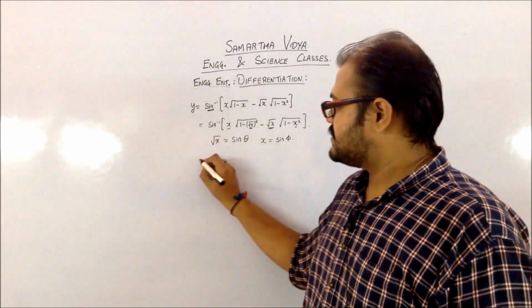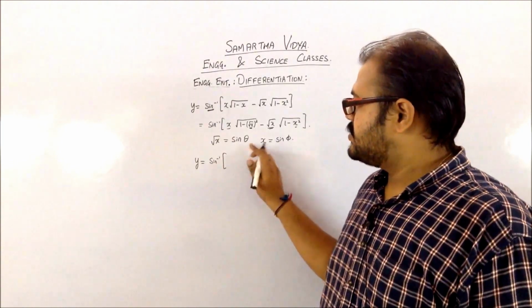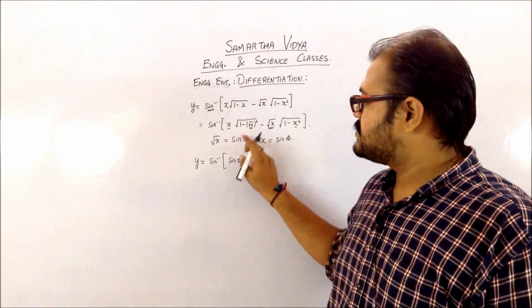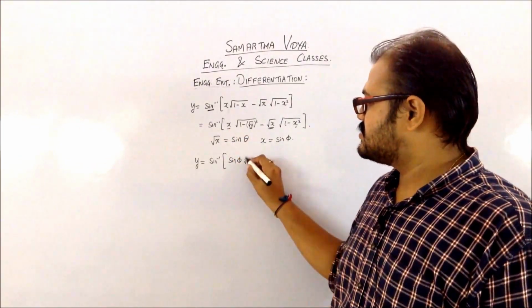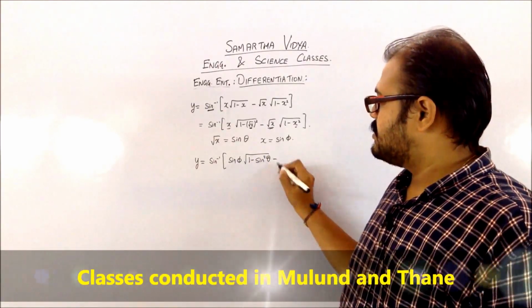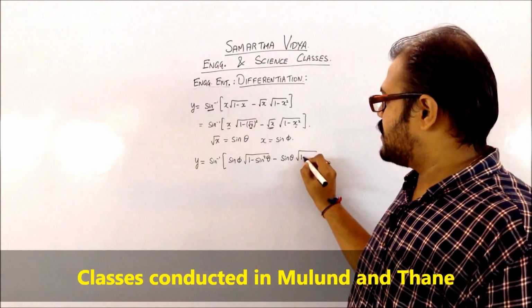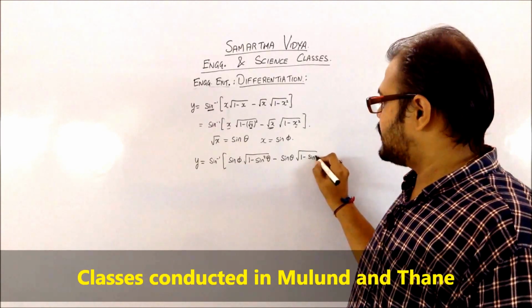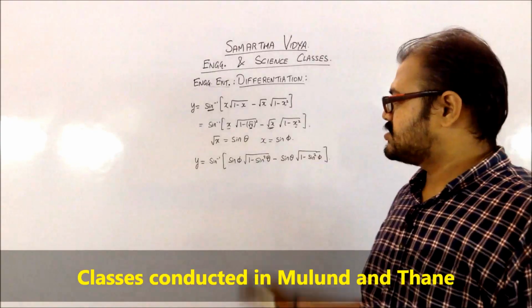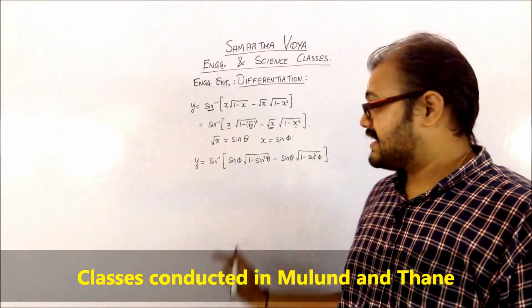So what you can see is your y is now changed to sine inverse. Your x is sine phi, so that becomes a sine phi over here, and root x is sine theta. So that is root of 1 minus sine square theta minus, this is sine theta, and root of 1 minus sine square phi. So you know that 1 minus sine square theta is nothing but your cos square theta, which is under the root.